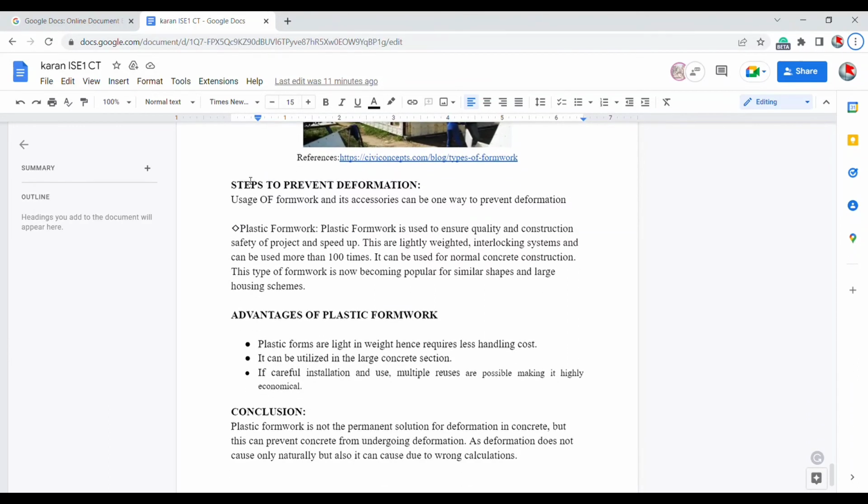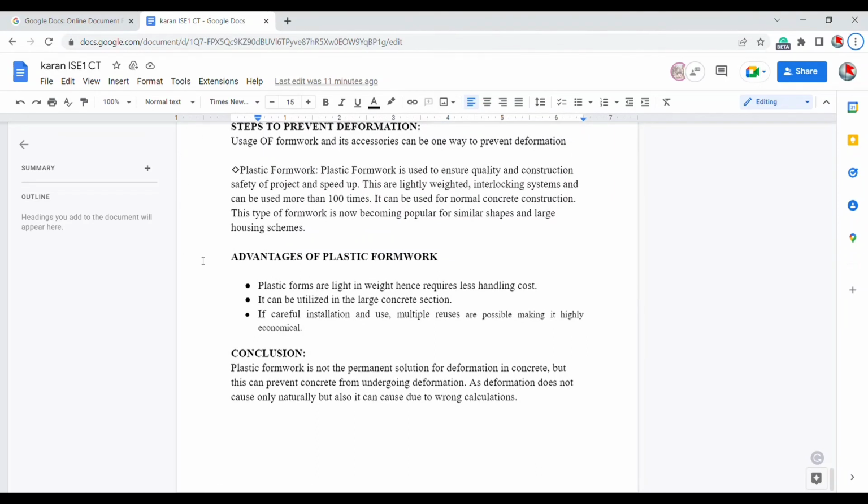This type of formwork is now becoming very popular for similar shapes and large housing schemes. There are certain advantages: it has less handling cost, it is lightweight, and with careful installation and use, multiple reuse is possible, making it highly economical. So it can be utilized in large construction sections also.